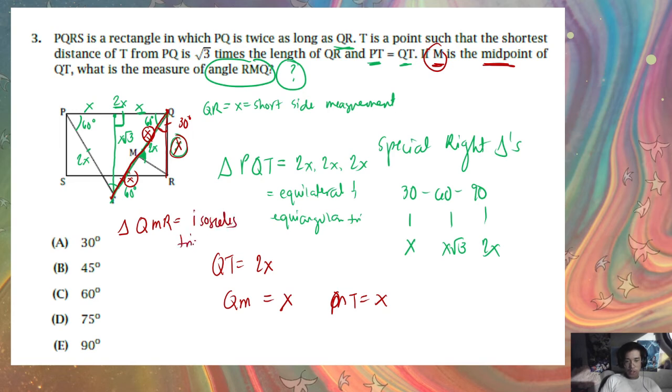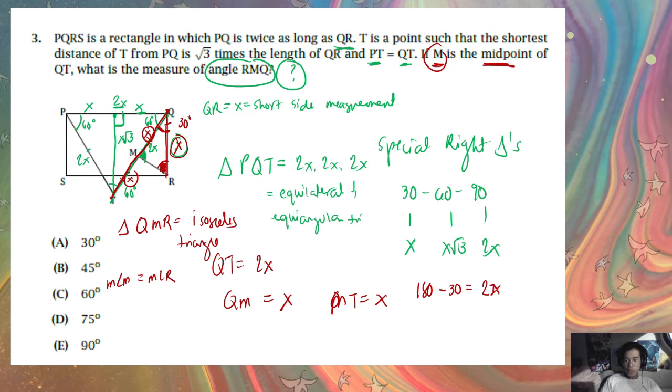So it turns out QMR is an isosceles triangle. Now, if it's an isosceles triangle, therefore its two base angles should be the same. So the measurement of angle M should be equal to the measurement of angle R. For this problem, we already know the value of one angle, so that's 30 degrees. To solve for the other two angles, 180 minus 30 is equal to 2 times the value.